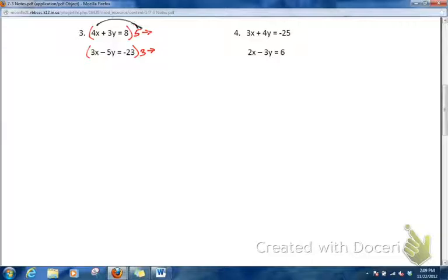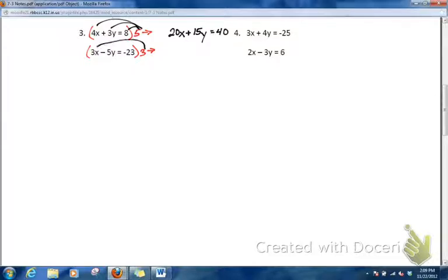Top equation, I distribute, and I get 20x plus 15y equals 40.